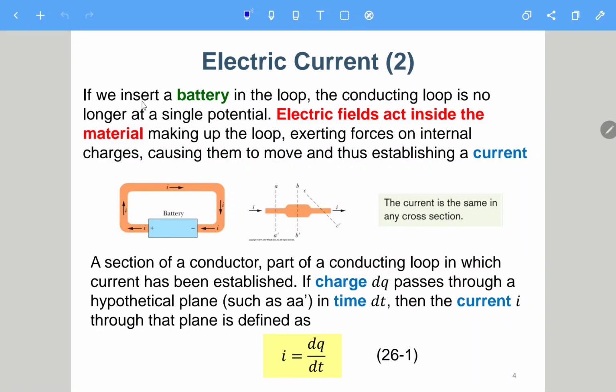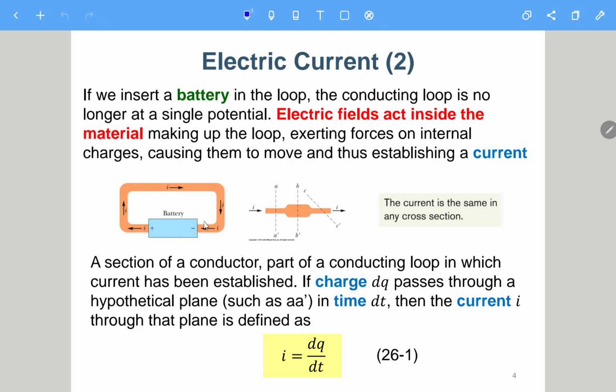Okay, so here we try to make things more complicated. We try to put a battery in the loop. This is a battery, so it will provide a potential difference. This one is the positive terminal, and this one is the negative terminal. So this one should have a higher potential, and then it will go through this.